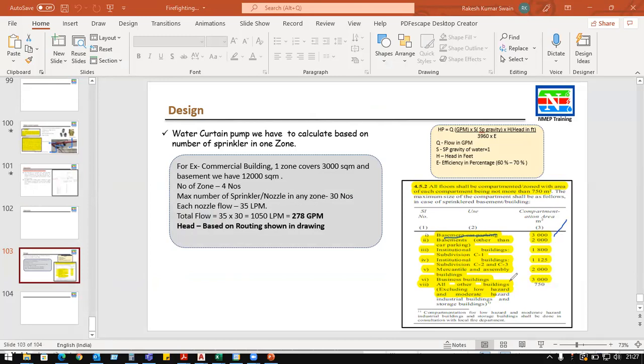Business, 3,000. All those areas we will take accordingly, and if it is more than 750 square meters, then you have to go for a water curtain system. So the water curtain pump we have to calculate based on the number of sprinklers in one zone. So what you have to arrive at in one zone.